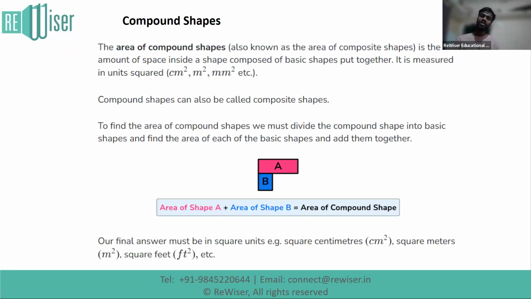But whenever we have a compound shape, something like this, here there are two rectangles, right? Two rectangles combined together, so we call it a compound shape. If I need to find the overall area, you need to find the area of those two shapes separately and add them up.